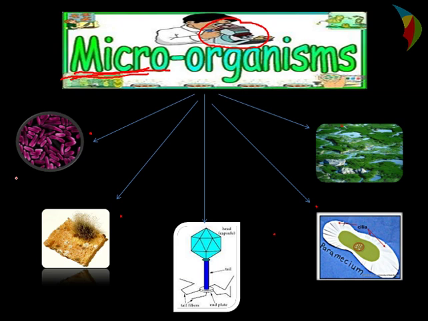The first type of microorganism is bacteria. These bacteria can be observed under a microscope.